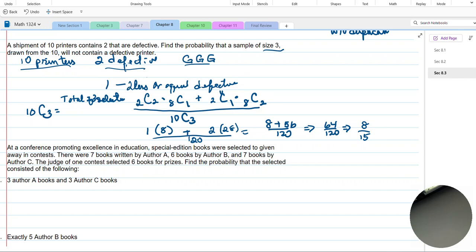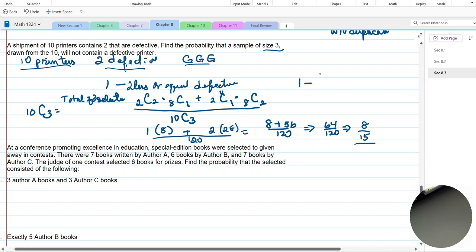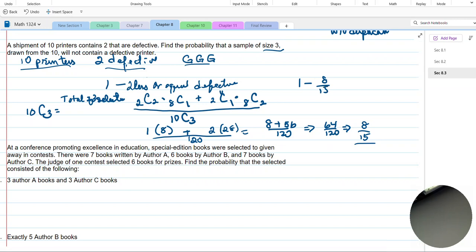So I have 2 defective, choose 2, which is only 1, times 8 good ones, choose 1, that means 8. Plus 2, choose 1 and 8, choose 2. So I have 8/15. So I have 1 minus 8/15. And when I do that, it's going to give me 7/15.